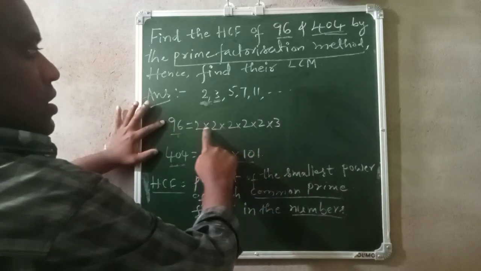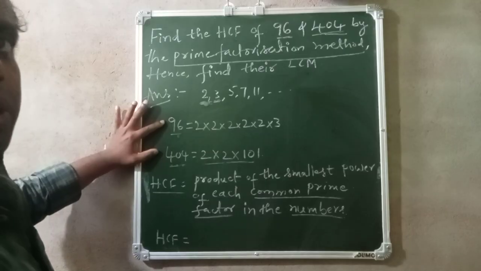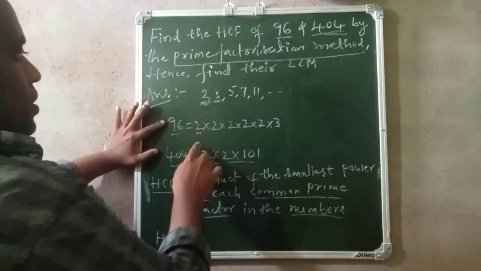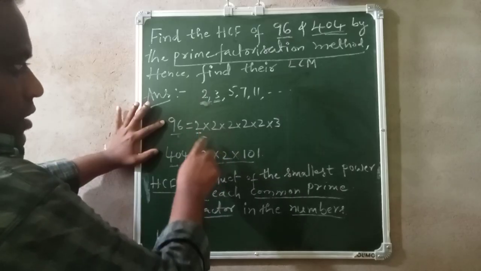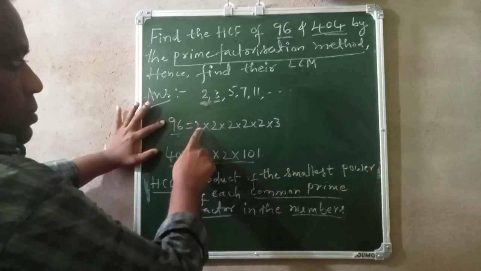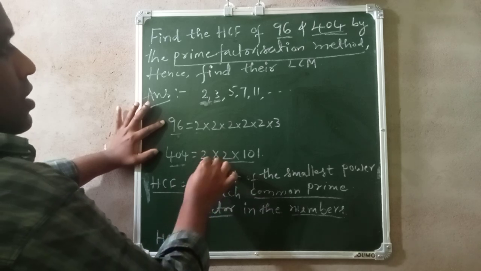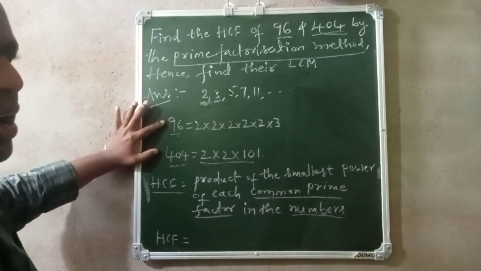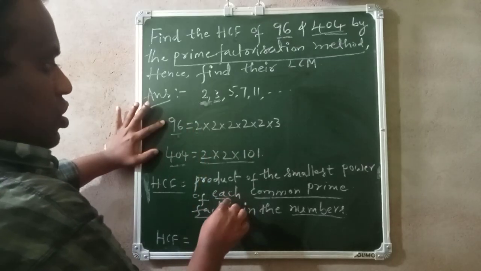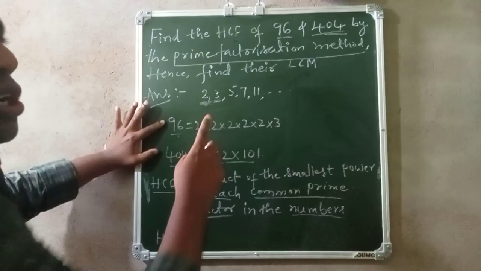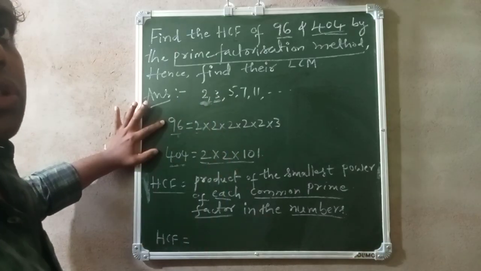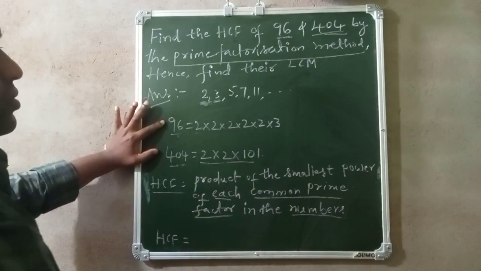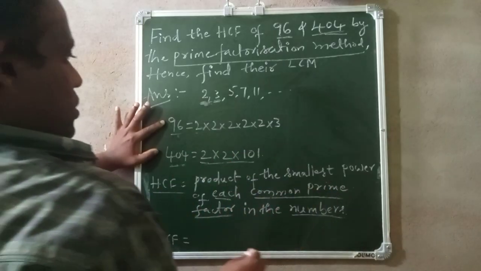That means here and here, whatever is common, you have to take only once. First check this 2, whether this 2 is present here also. Yes, present. See here also 2. So 2 is here and here also, that is a common prime factor. They are telling each common prime factor. I mean, if there are 2 common prime factors, you have to take 2. If there are 3, you have to take 3. Every common factor you have to take. So that's the meaning of each common prime factor.